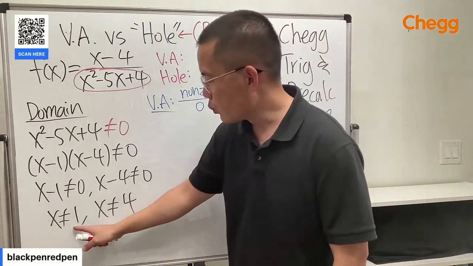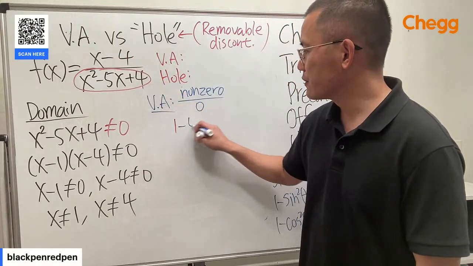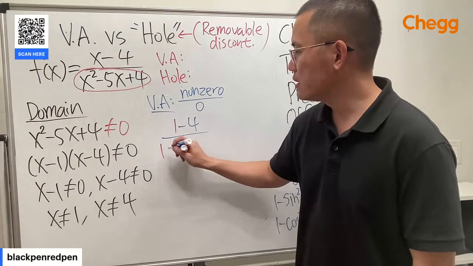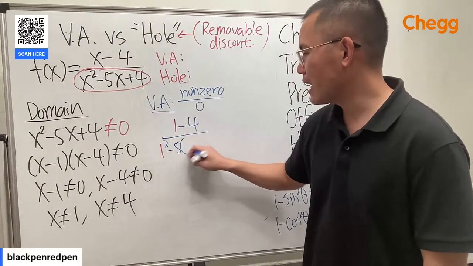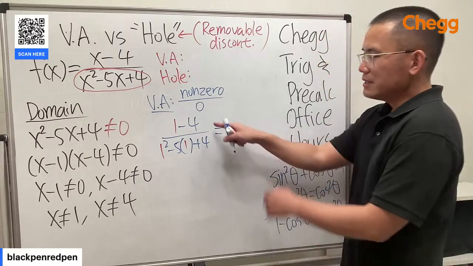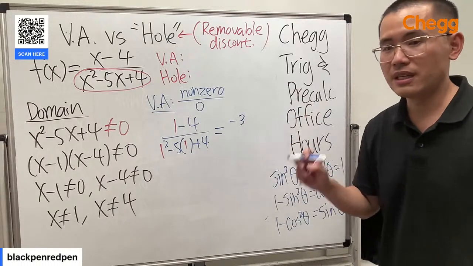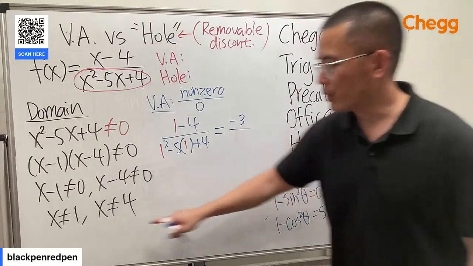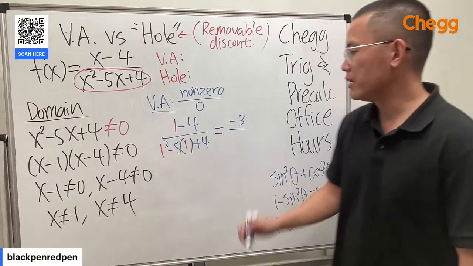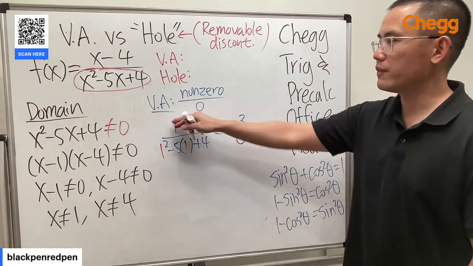So if you plug in 1 into here, we have 1 minus 4 over 1 squared minus 5 times 1 plus 4. It doesn't matter what it is on the top, it's going to be a non-zero number. But at the bottom, you know it's going to be 0 because we solved that earlier. This is an indicator that you are going to get a vertical asymptote.